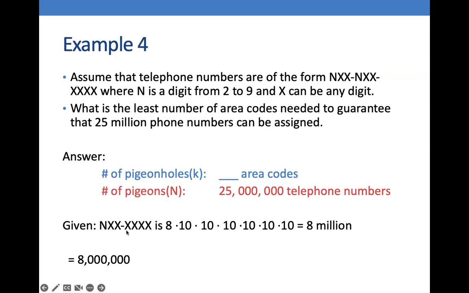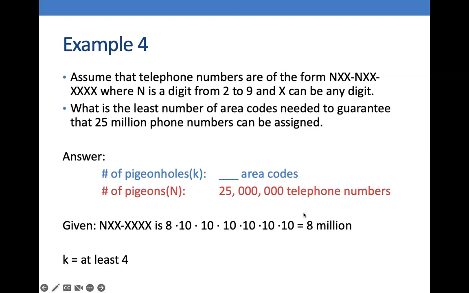So first we must find the possible number of telephone numbers, and that is simply using counting. So we have how many possible N's are there. Since there are 8, from 2 to 9, and then the X can be any digit. So we have 10 digits, 0 to 9, right? And then X, 10 also, and then 4 X's, so that will be 10 times 10 times 10 times 10. So this will result to 8 million.